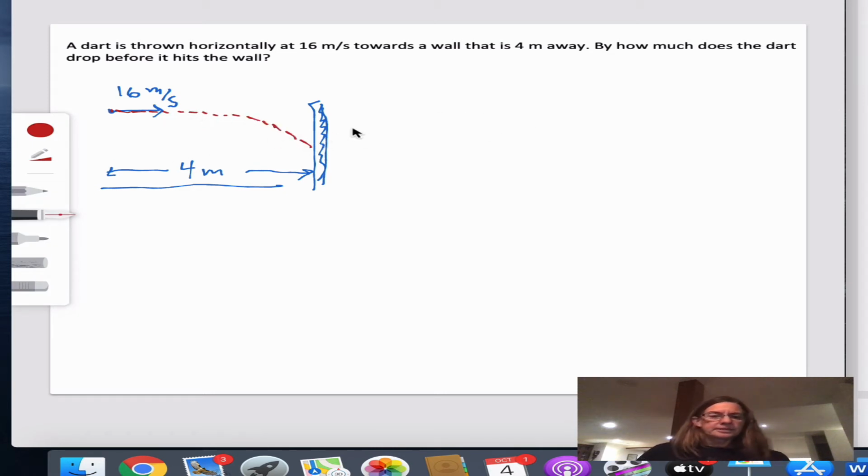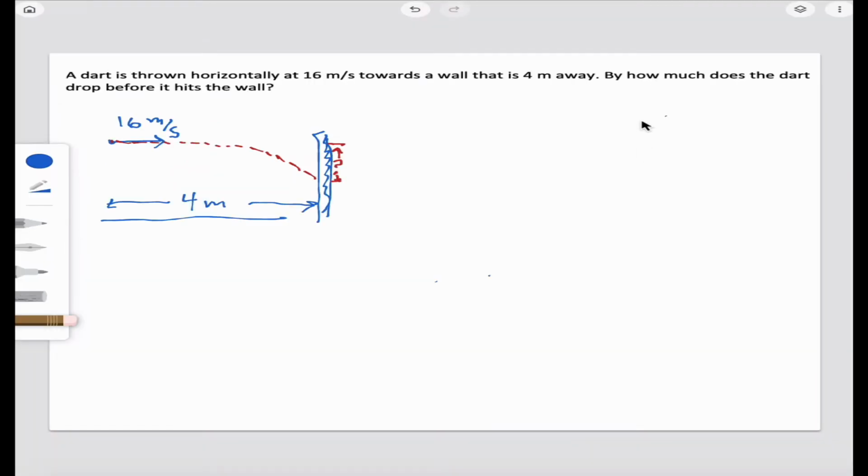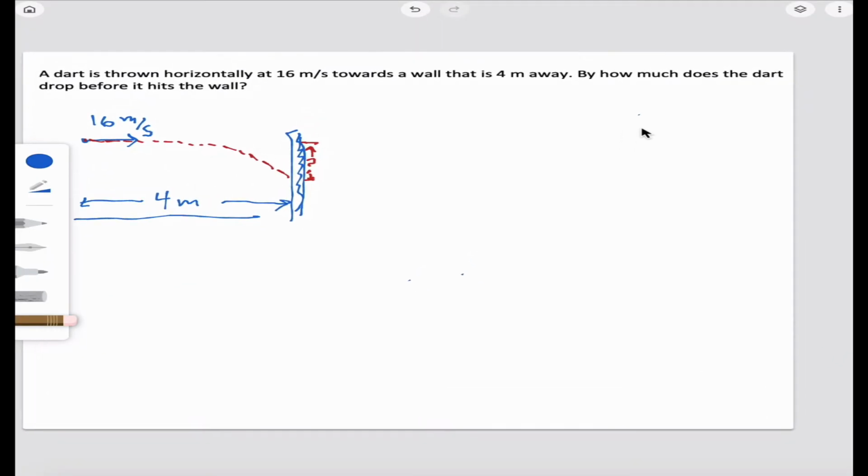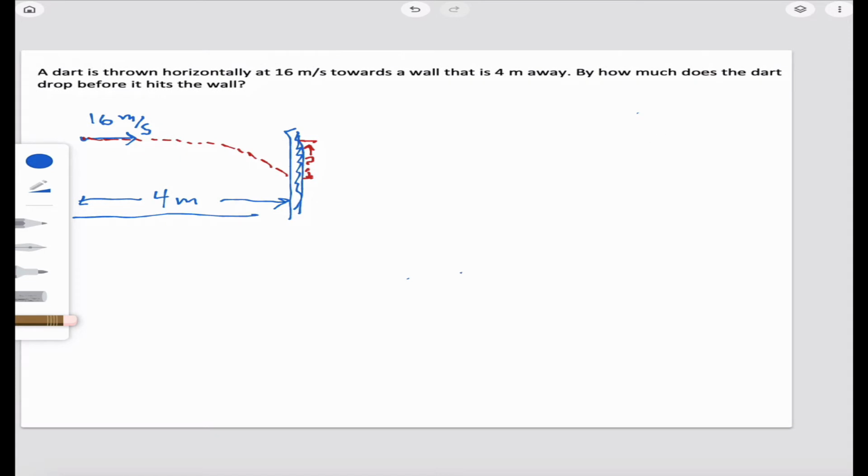We are interested in the distance between the initial height and the ending height, how far has it dropped, in other words. Anyway, it would strike the wall some unknown distance below where it would have otherwise hit if there were no gravity. So we're going to set up an XY analysis and then proceed with our usual problem-solving GUESS strategy in each of the two components.